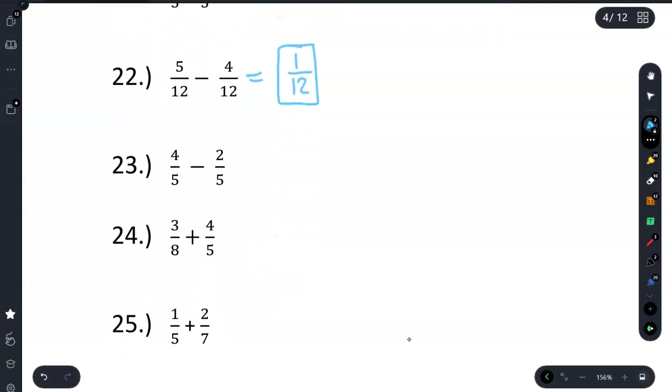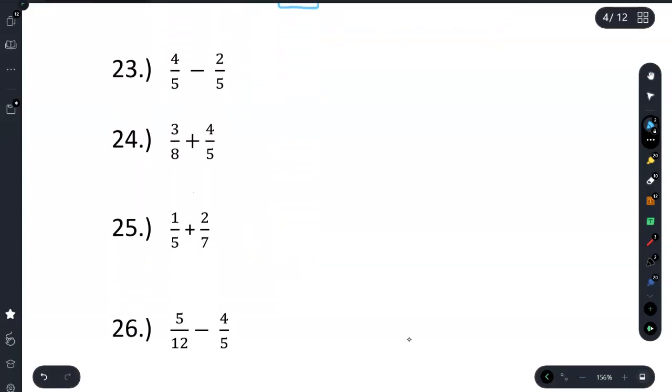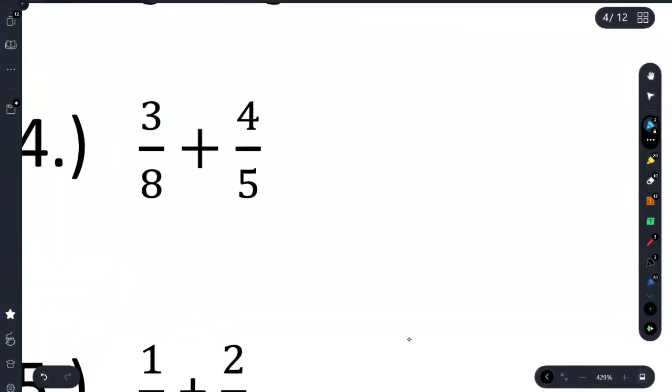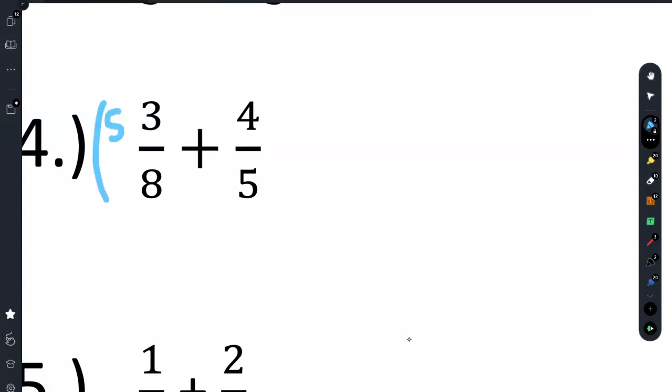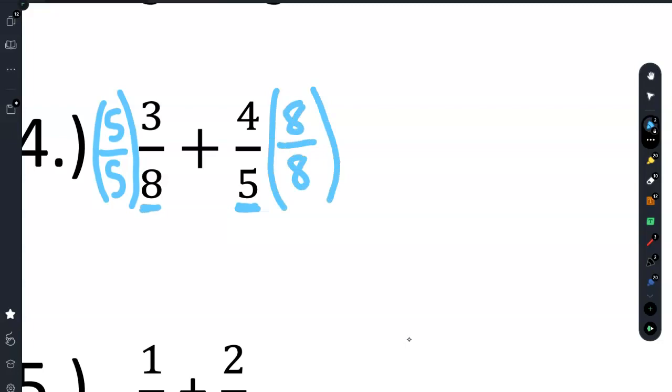All right, but you're going to see with number 24, starting with this one, I don't have a common denominator anymore. So if I wanted to get a common denominator, the easiest trick that I have, I'm trying to zoom in here, is to simply multiply by the other denominator. So I would multiply this one by 5, because my denominator over here was 5. I'm going to multiply this one by 8, top and bottom, because my denominator over here was 8.